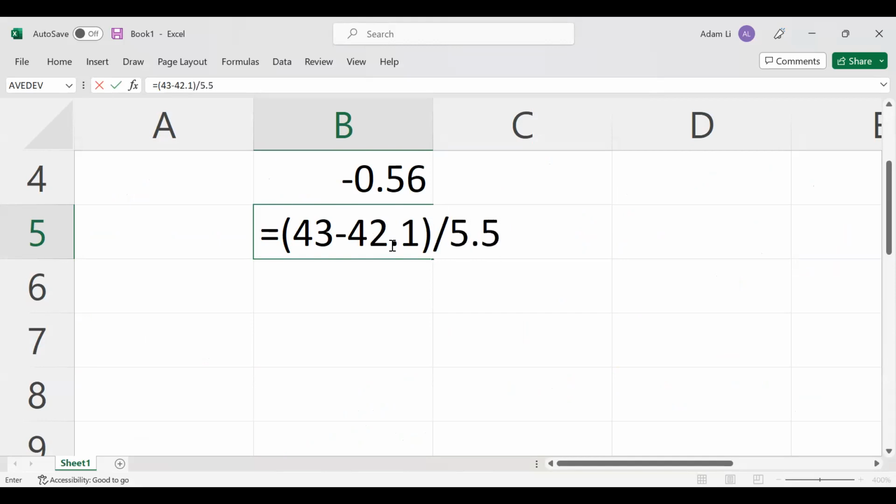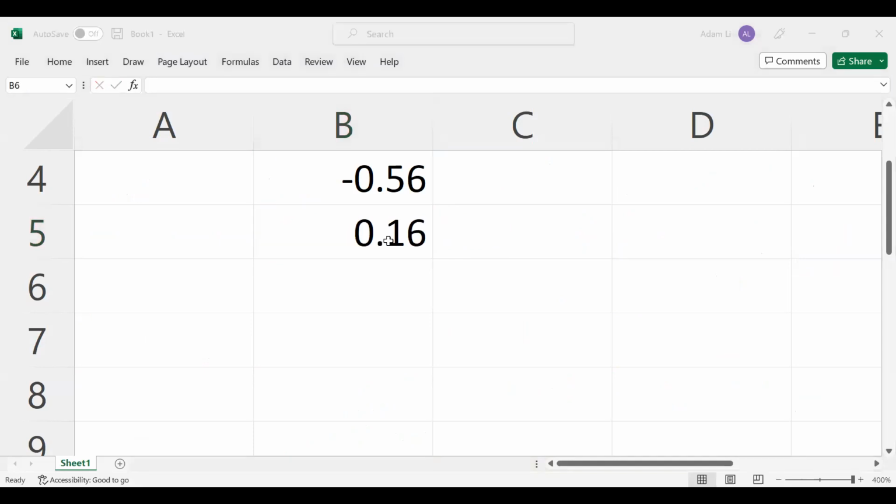Hit enter and we get 0.16. So the bigger z-score is 0.16.